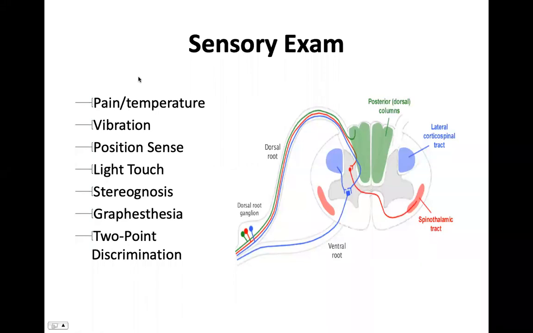In your Moodle folder, there's actually exam checkoffs. There's one for cardiovascular, one for sensory, one for neuromuscular, and one for skin. I put those together so that you have some intimate details about what the exams look like. What's the observation part?